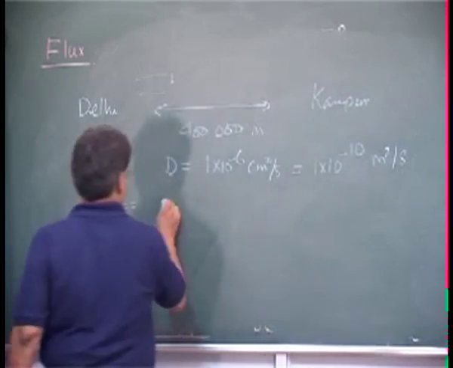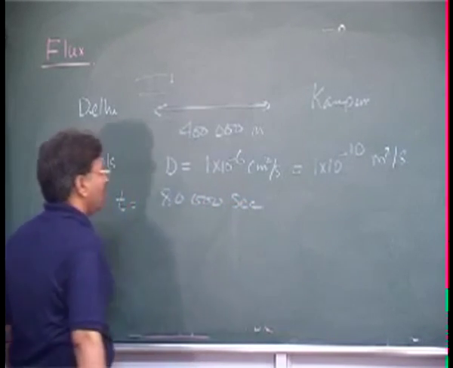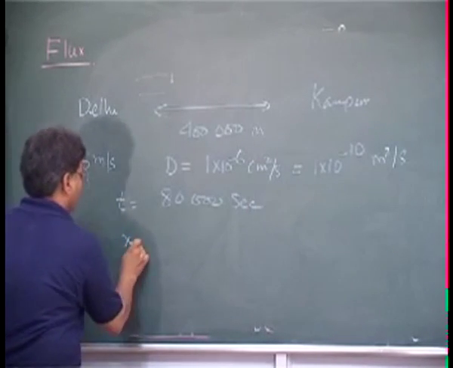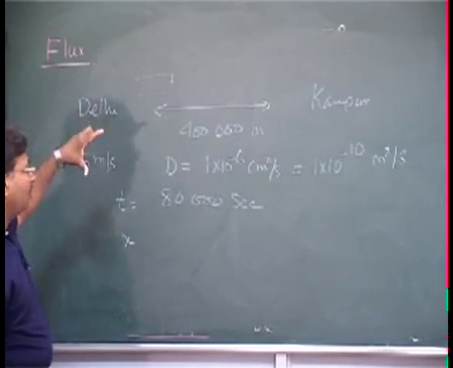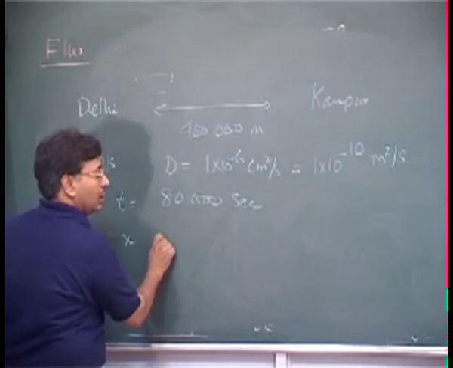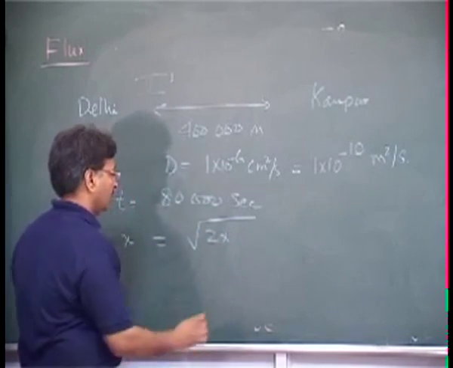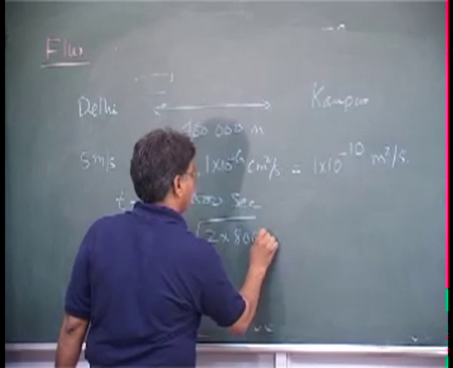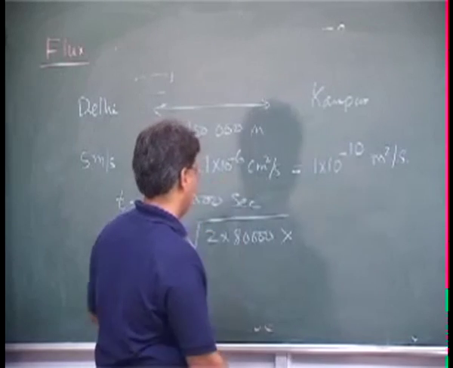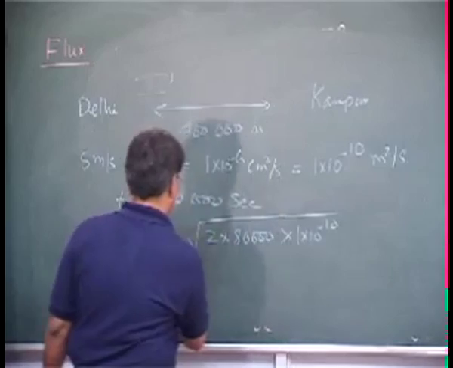The T was 80,000 seconds, and now I have everything I need: X, the mean dispersion that will take place in the X direction. Of course, we are just assuming one direction. That came out to be 2 times the square root of D t.